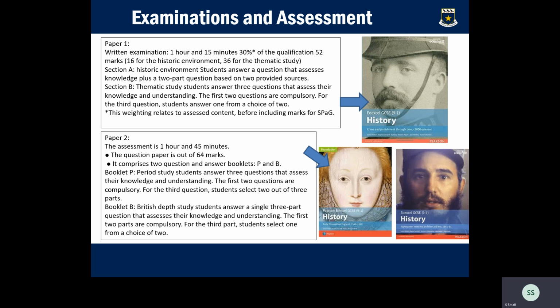And then you have the Elizabeth paper. This is where you are describing the key features, and that will be your first 4 marker. Then there is a compulsory 12 marker, again looking at cause and causation, and a 16 marker where, just as in paper 1, the crime and punishment paper, you get a choice between 2 relevant topics, which again you have to show cause and causation and your own analysis.